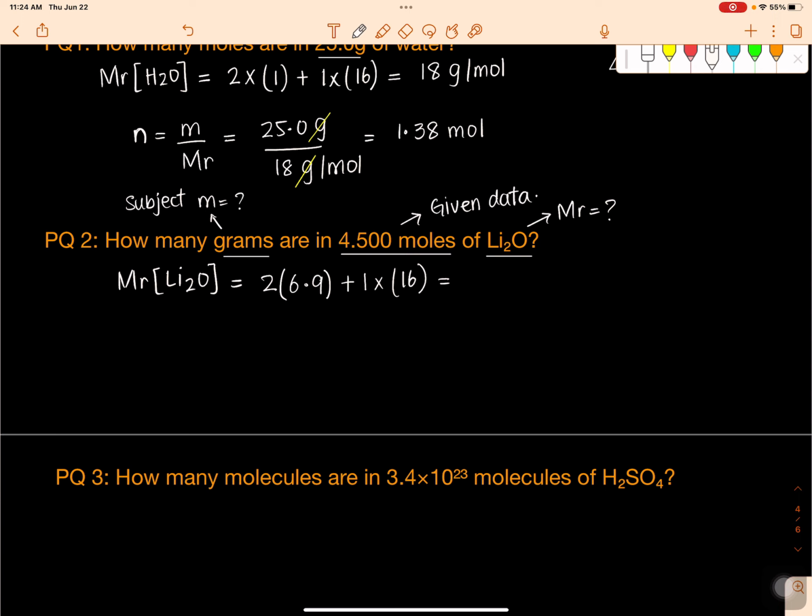2 times 6.9 plus 16, we get 29.8 grams per mole.